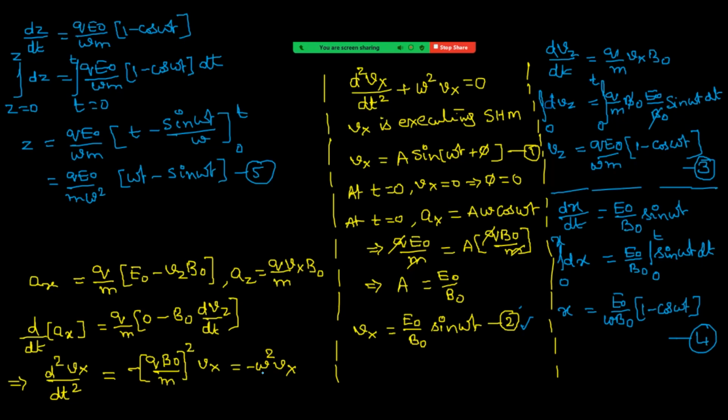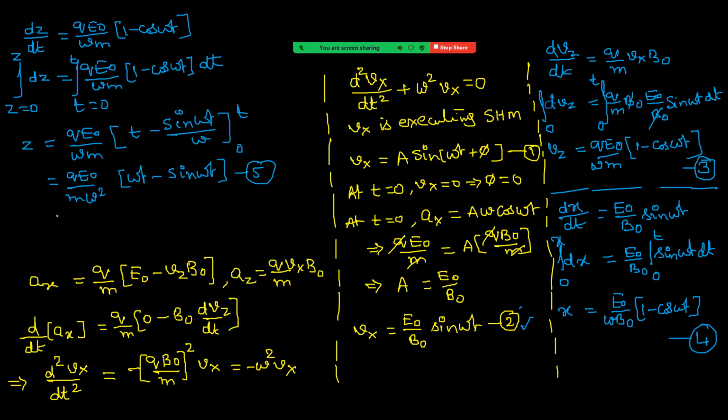Omega square is q B naught by m whole square, from d square Vx by dt square equal to minus omega square into Vx. Now substitute that value here, then we get q square B naught square by m square.